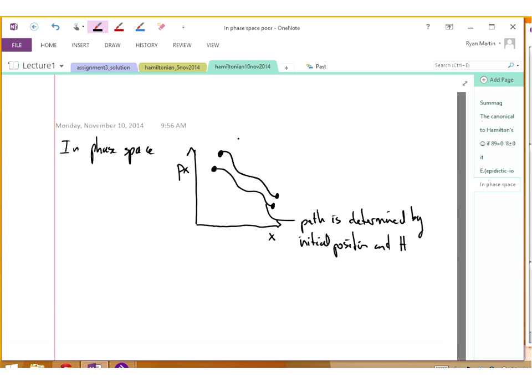So you can think of paths in phase space as the motion of a fluid, an incompressible fluid.